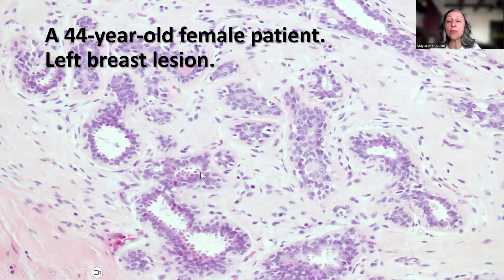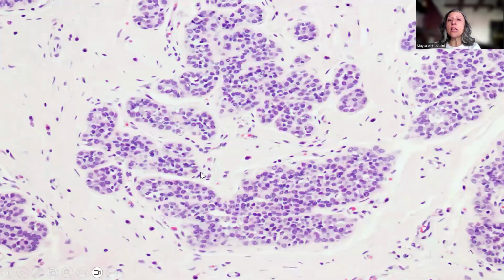Now keep this in mind, because in other areas, the overall appearance and the contour, the outlines of the ducts and the acini is the same. But what has happened here is that the lumen are expanded by so many cells. It's really cellular. It's becoming busy, although the outline of the structure itself is maintained. And from this power magnification, there isn't much in the way of pleomorphism, another important clue.